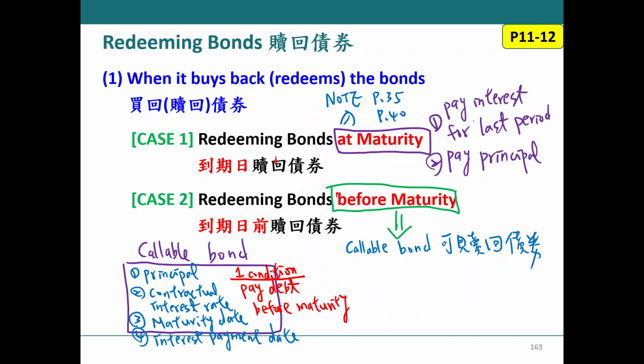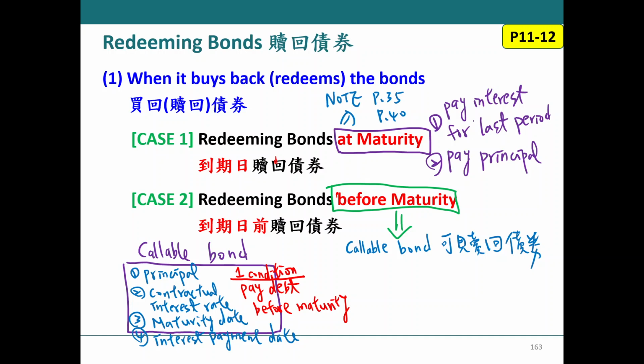For investors, they don't want to lose their interest. So that's why they allow you to do that but they will give you their requirement. So what's their requirement? On the same day, they will tell you, okay, if you want to do that, you should pay how much to buy back the bond.